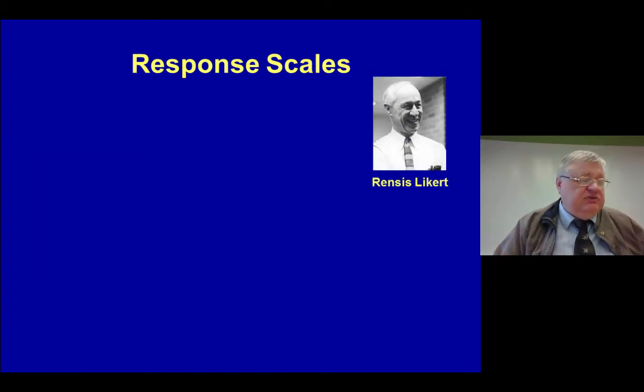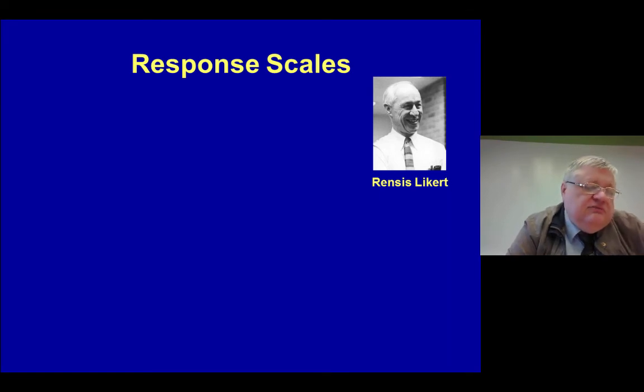Another type of response scale, and it's probably the one that you most commonly have heard about, is one developed by Rensis Likert. Some people say the name Likert. Either way is fine. He was an American psychologist who, when he was a graduate student in 1932 working on his dissertation, came up against this problem.